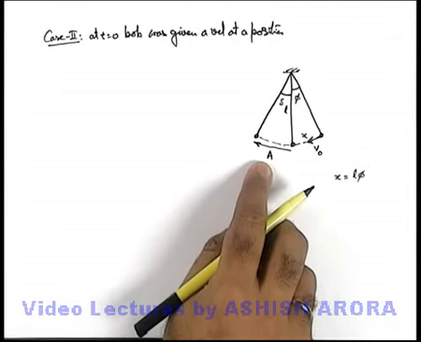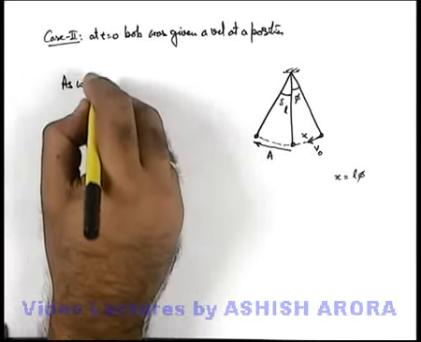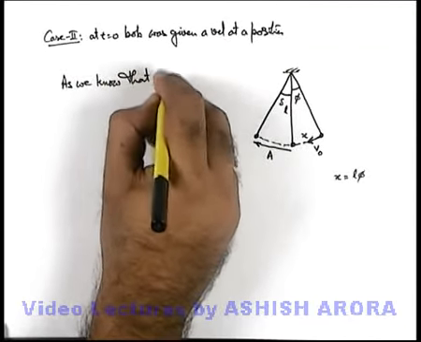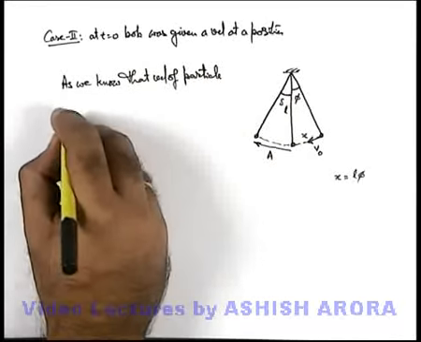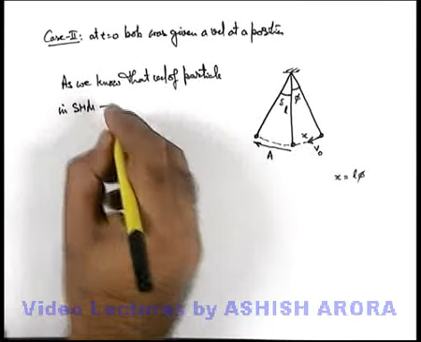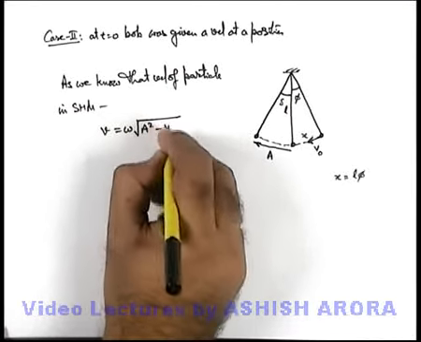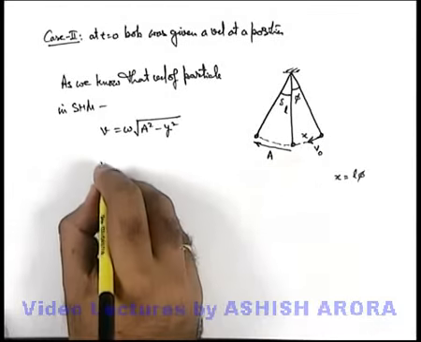And here the amplitude we can very easily calculate, as we know that the velocity of a particle in SHM can be given as omega root of A square minus y square. So here the initial speed which is given to the particle is v0.